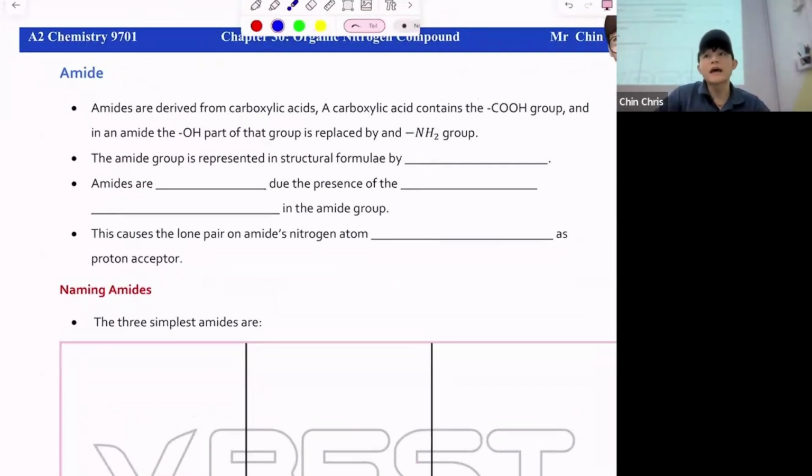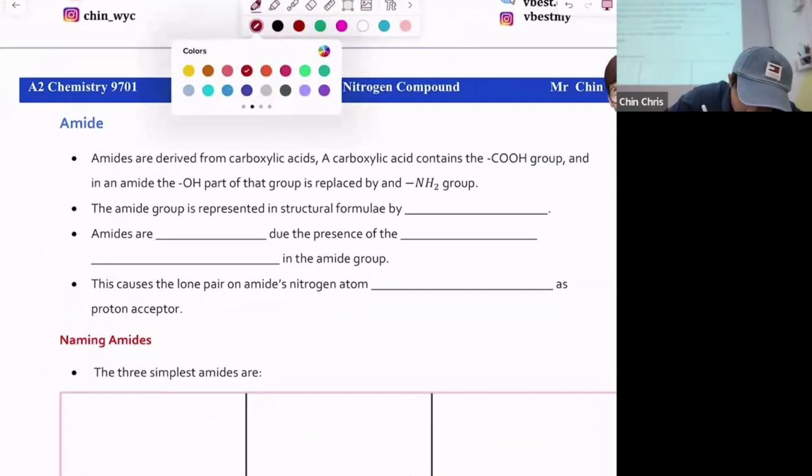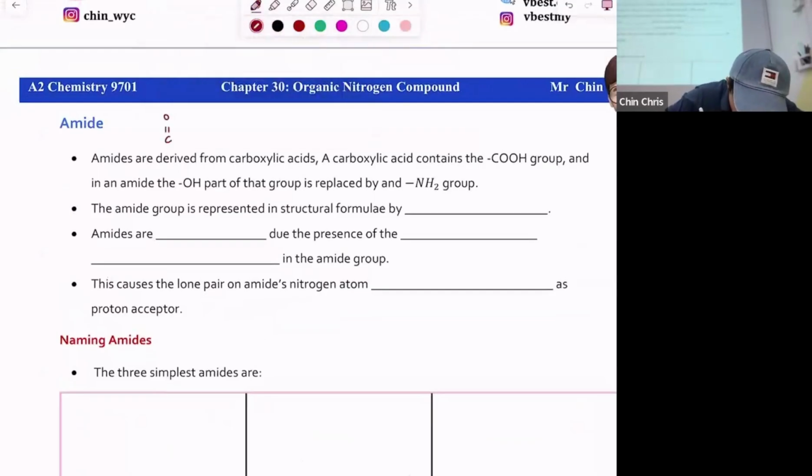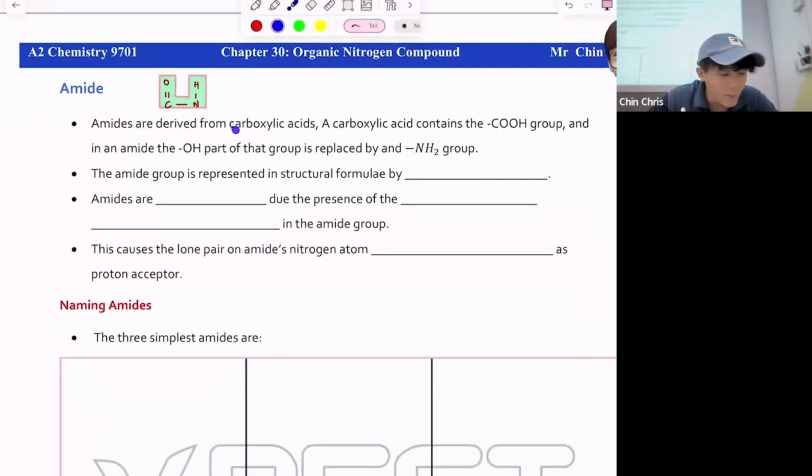Right now, guys, let's look at amide. This is how an amide looks like. I want you guys to draw amide first: C double bond O and an NH. So CONH, we call it an amide group. Amide is derived from a carboxylic acid.